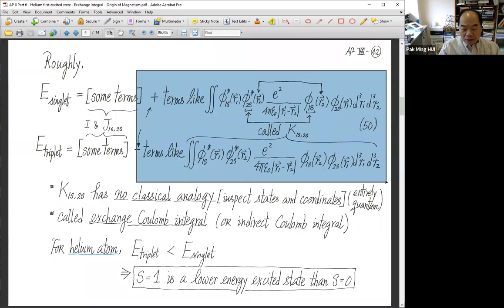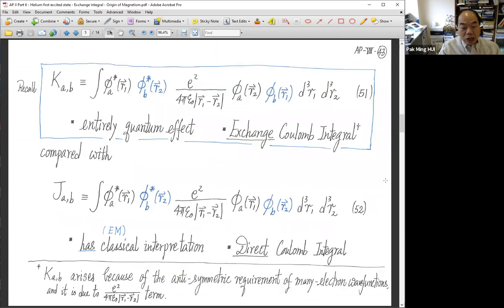First of all, this integral, the general form is this, does not carry any classical physics interpretation. By that we mean, we cannot find anything with the single electron wave function square.